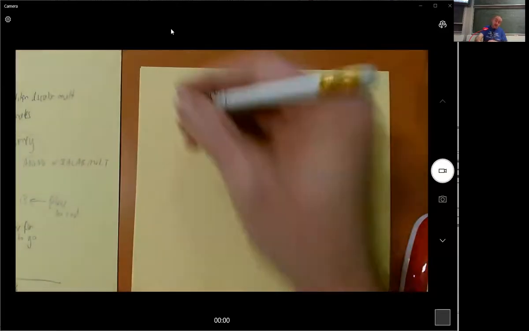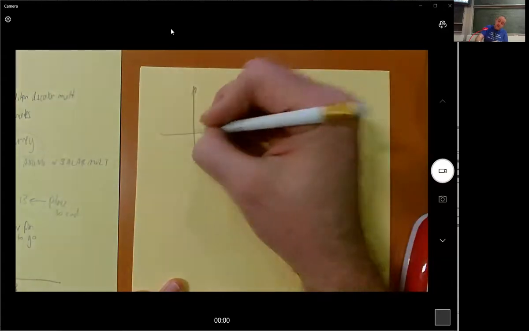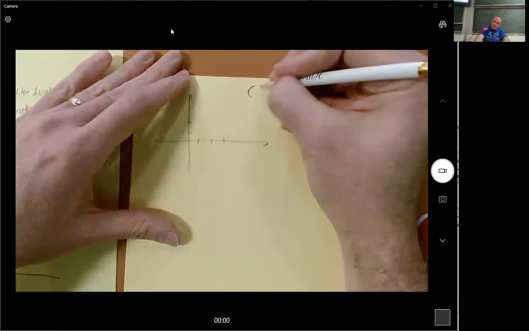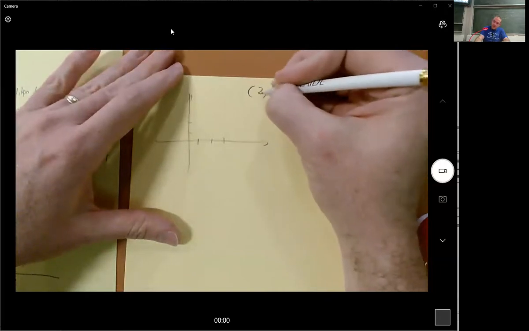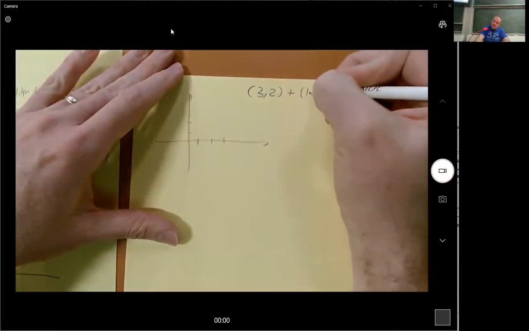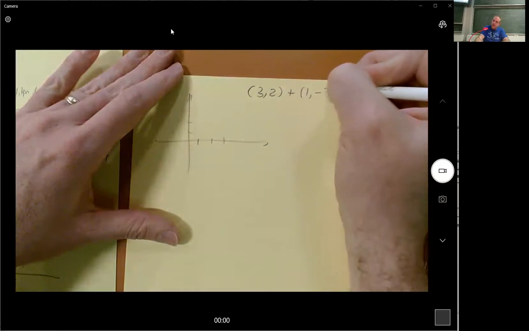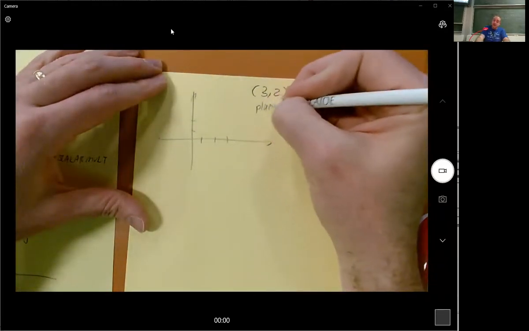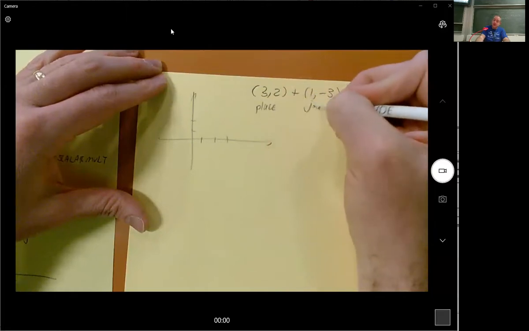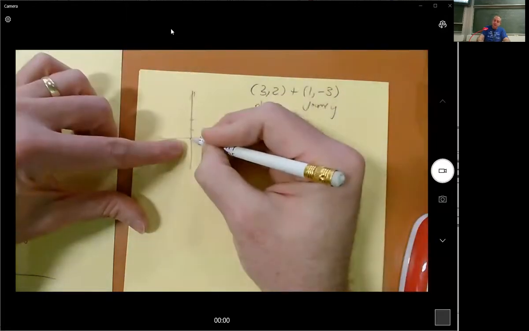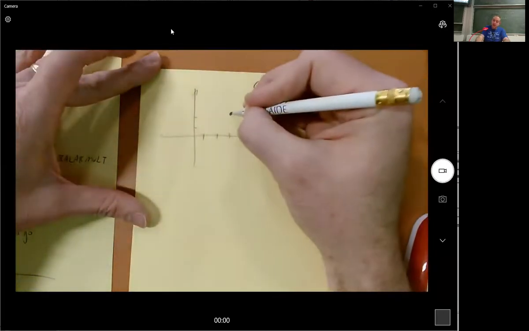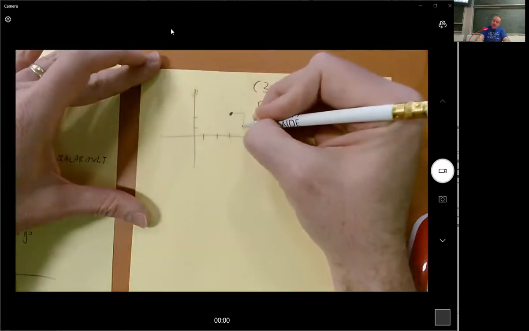Okay, cool. If we're in two-dimensional space, and I had 3, 2 plus 1, minus 3, for example, then I could think of this as a place and this as a journey. 3, 2 is here, and then I go a journey of 1 forward and 3 down.